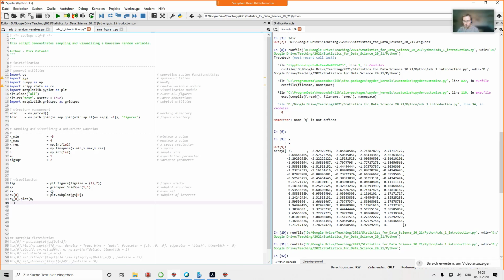So we use the SciPy stats module to plot the PDF. So again, for any distribution, you put the distribution name in here.